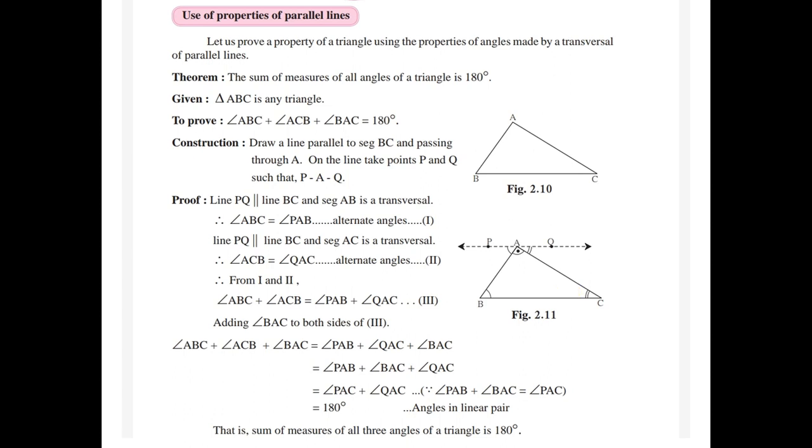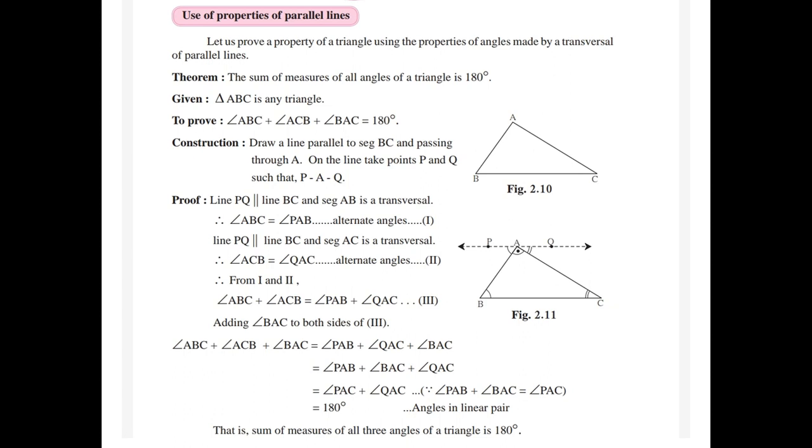Next, line PQ is parallel to line BC, and AC is the transversal. Now we have changed the transversal. Even if the line is the same, we have changed the transversal.